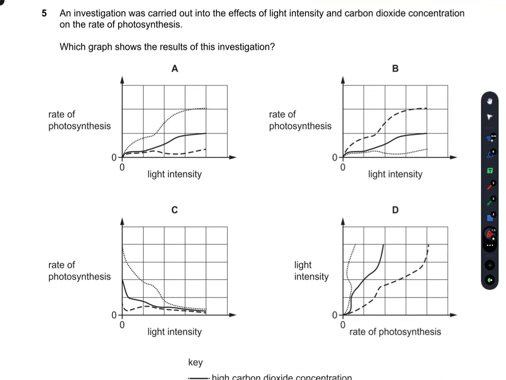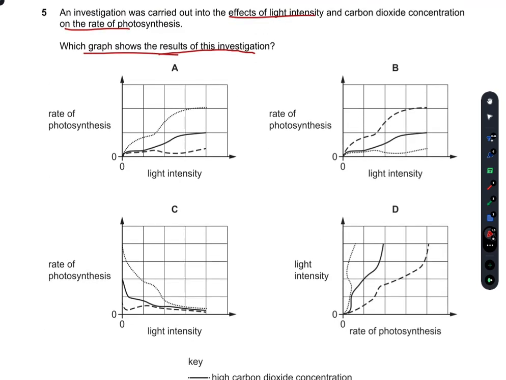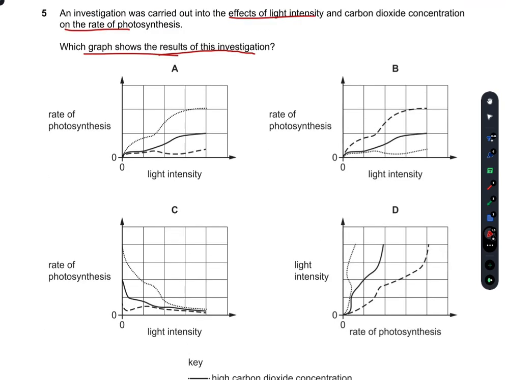An investigation was carried out into the effects of light intensity and CO2 concentration on the rate of photosynthesis. Which row shows the results of this investigation? This is the graph. The rate of photosynthesis is on the y-axis, and light intensity is given on the x-axis.